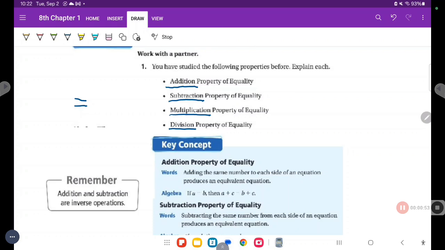So that equal sign keeps it in balance, okay? It is like the middle if we had a scale. If we had a balanced scale like this, the equal sign is in that middle. So if we want to keep it balanced, whatever we do to one side, we also have to do to the other side.